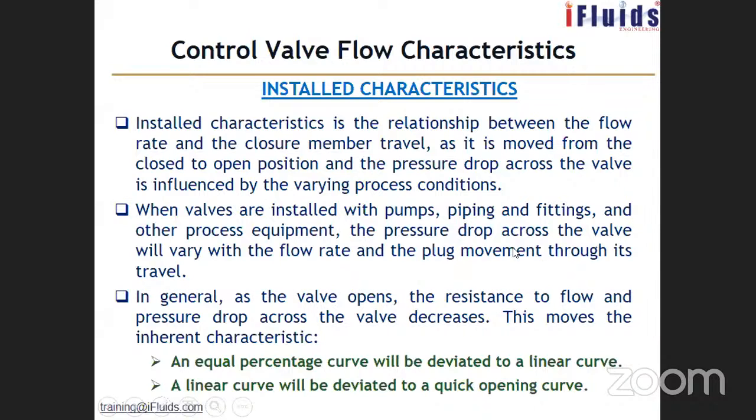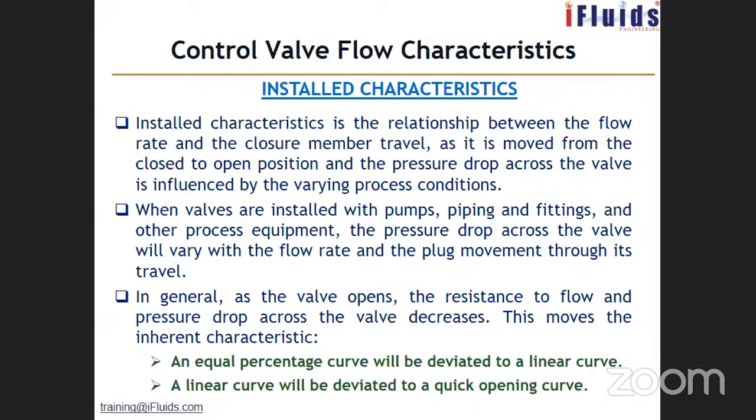Installed characteristics we have already seen: when the valves are installed with pumps, piping and fittings and other process equipment, the pressure drop across the valve will vary with the flow rate and the plug movement through its travel. In general, as the valve opens, the resistance to flow and pressure drop across the valve will decrease. As you all know, when you slowly open the valve, it allows more flow, and the pressure drop also reduces.